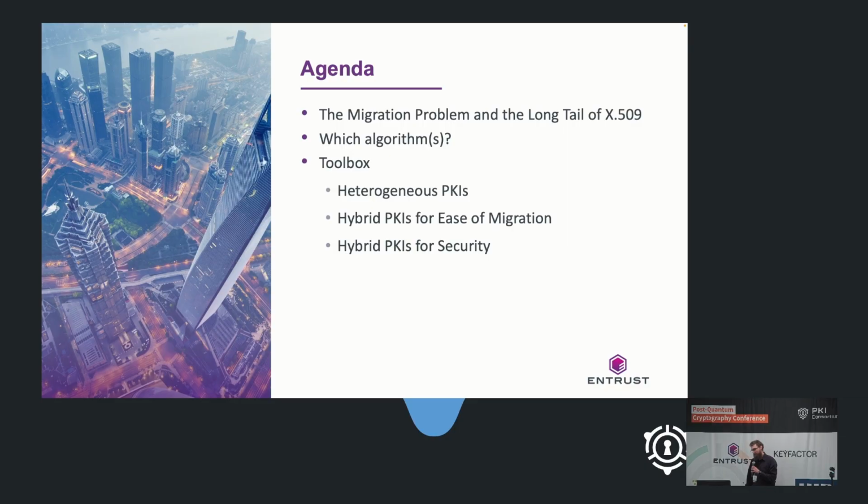So, agenda for this talk. I first want to introduce, and I think this will be non-controversial for everyone in this audience, X509 is complicated. X509 is used in a lot of places. You cannot take all of X509 and say one solution fits all because of the very diverse ways that it's used. We talk about, okay, so if you're going to migrate, which algorithm do you pick?